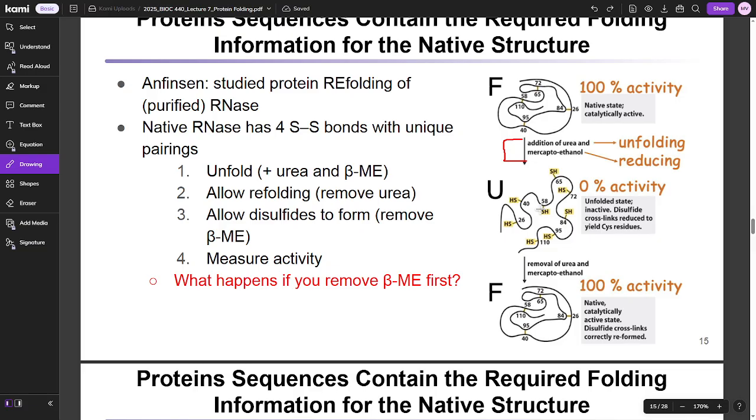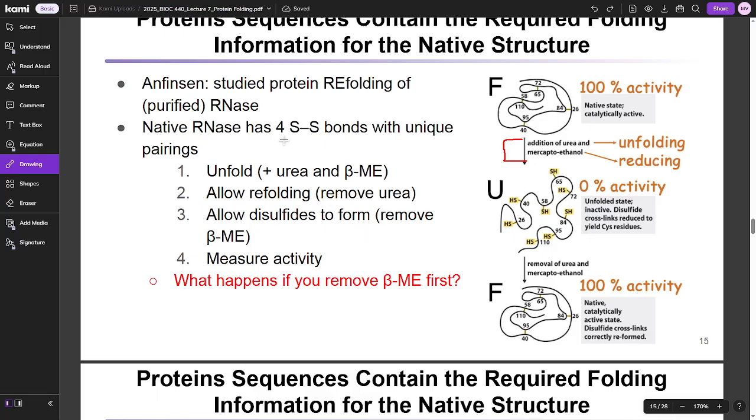If you remove the beta mercaptoethanol first before the urea, the disulfide bonds will form in places where they're not supposed to. And even if you remove the urea, because you've formed covalent bonds now, the protein is now stuck in the state that you put it at before, right?